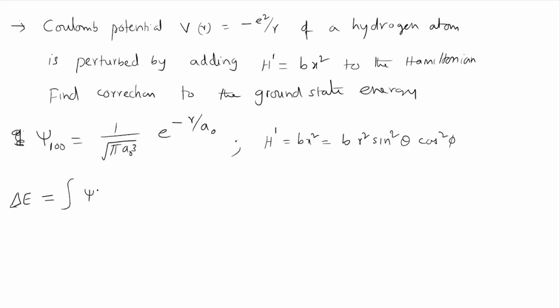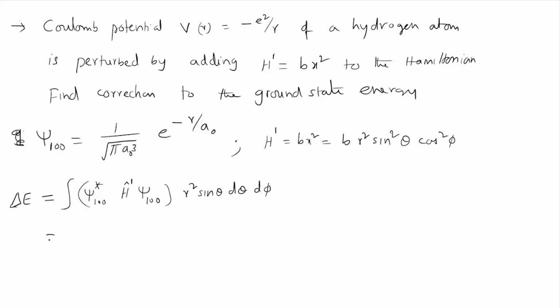and you write here your wave function 100, and you put in here your perturbation. Let the perturbation act on 100, and then this integral is performed over the spherical surface, that is r square sine theta d theta d phi.